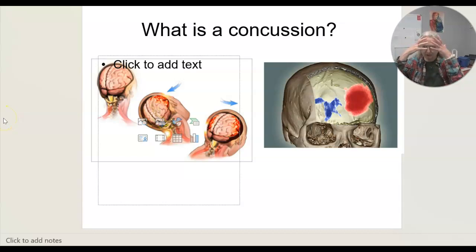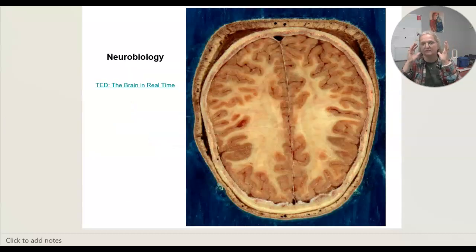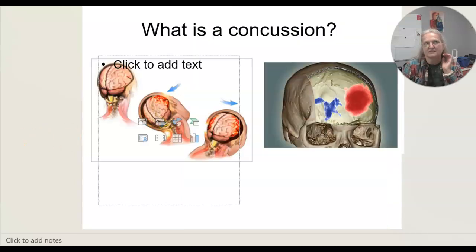As you saw with this picture, there's a space between the brain and the skull, and that's filled with fluid. I forget the name of it, but it's the same fluid that you find in your spine, and that acts as a cushion.